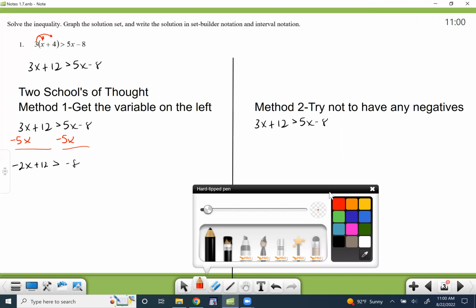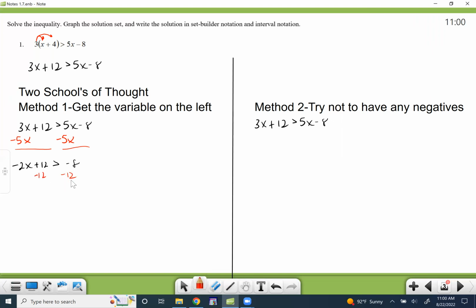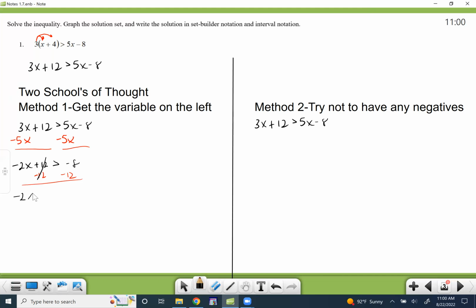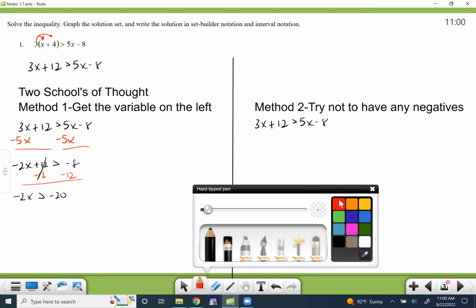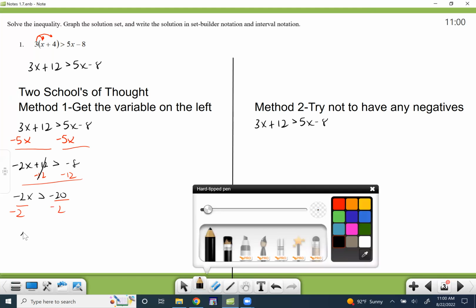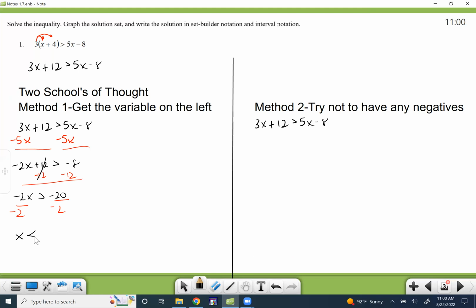Okay, now let's go ahead and proceed through here. So -12, -12. Right here, I'm going to be dividing by a negative. And that's going to require me to remember that I need to flip this sign, right?